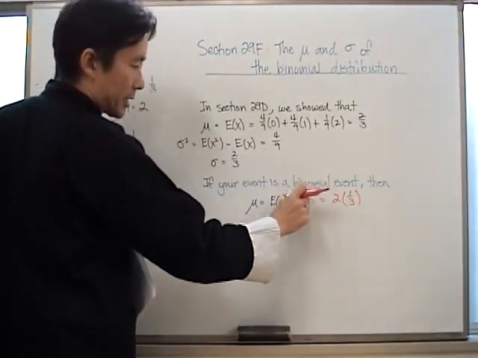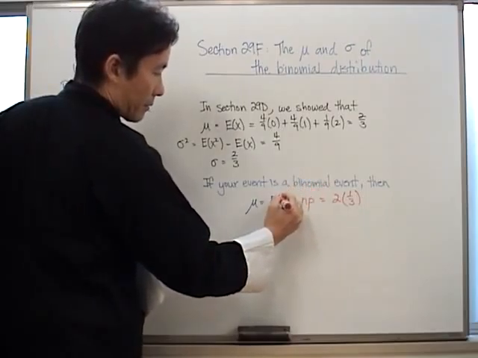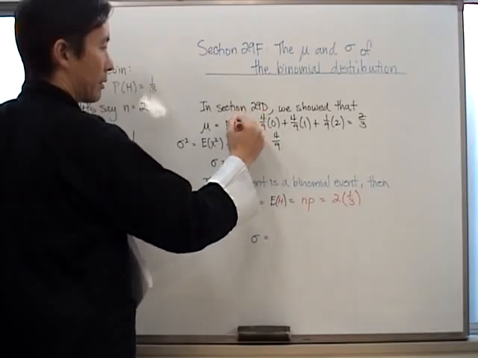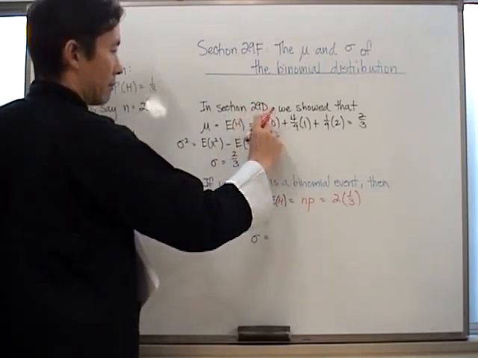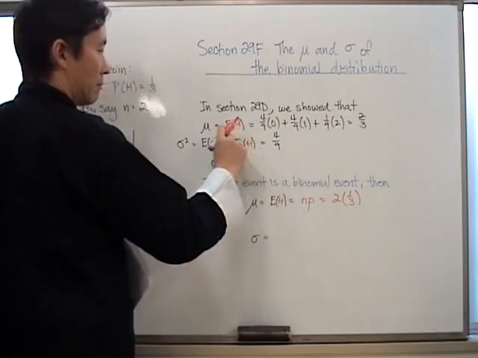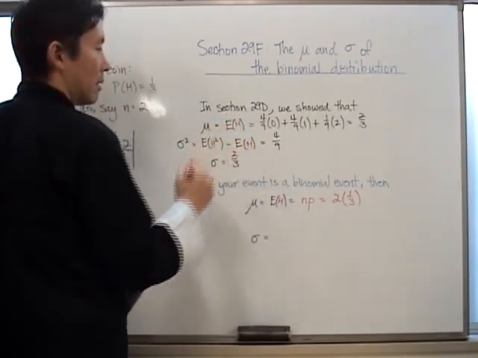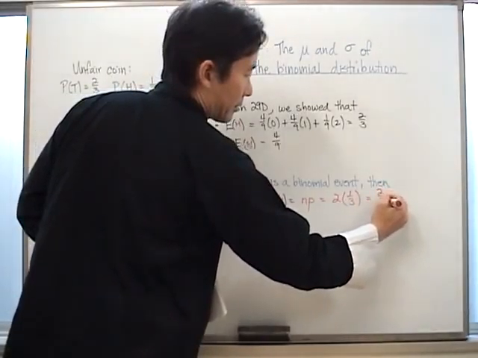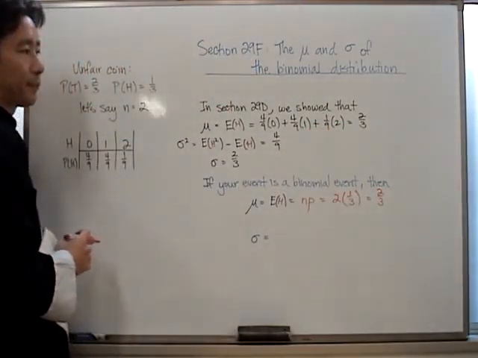So let's change this to h. We should change this to h as well. Sorry about that. So what we know then is that this is going to be 2/3. And sure enough, it's 2/3.